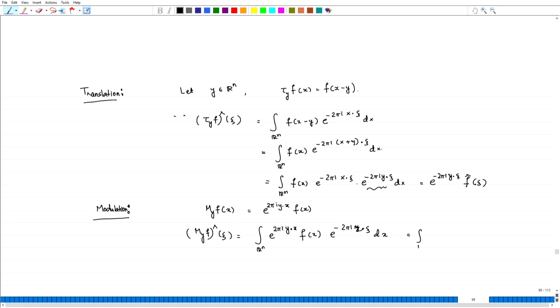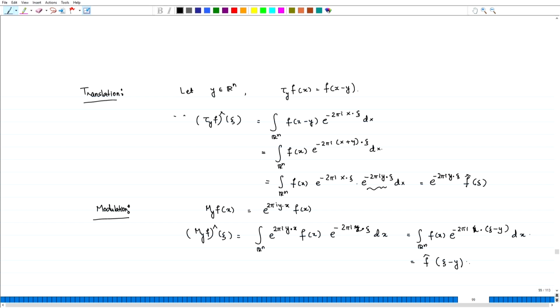Therefore, this is f of x e to the power minus 2 pi i x dot (xi minus y) dx. So, this is nothing but f hat of xi minus y.